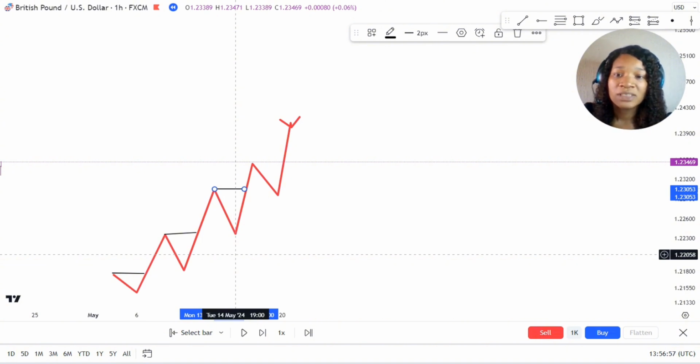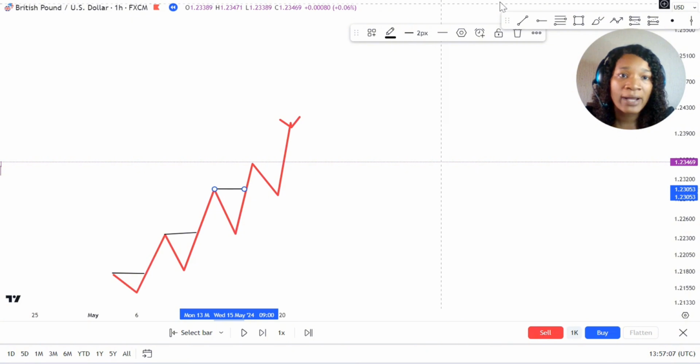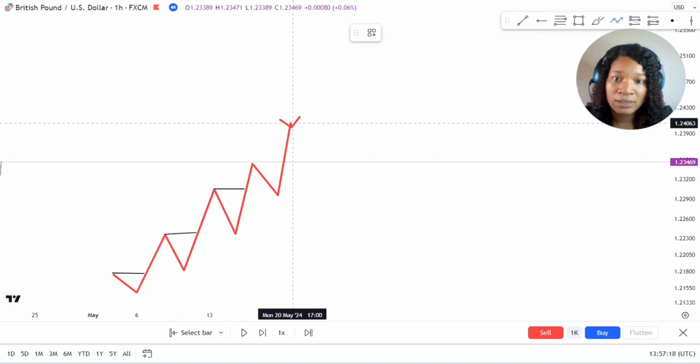By looking at this, you can see that price is breaking the previous highs that it has established to create another new high. But there comes a time where it is tired of buying, or the buyers are exhausted. Now the sellers are gaining strength, gaining control, and then you start seeing something like this.